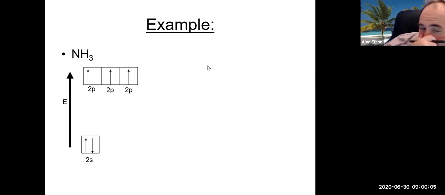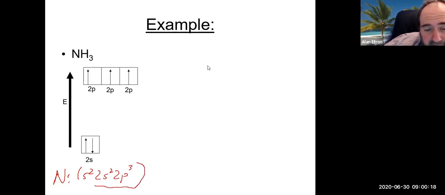Now, again, what we're looking at here is nitrogen's electrons. Nitrogen is 7, which would be 1s2, 2s2, 2p3. And these 5 electrons here are the valence electrons that we have in nitrogen. So there's 2, 3, 4, 5. So this nitrogen is going to go through hybridization. And what's going to happen is this electron, just like before, is going to come up.